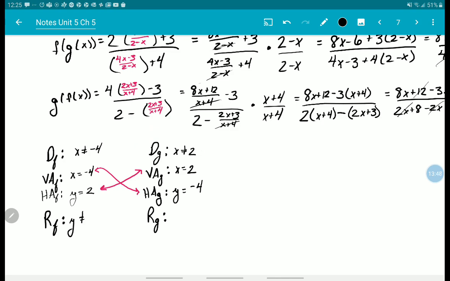So if we leave a 2 out of g for the domain, then we have to leave it out of the range of f, because these guys are inverse functions. And the range of g happens to be the domain of f, so we would leave a negative 4 out here. So let's talk about these relationships.